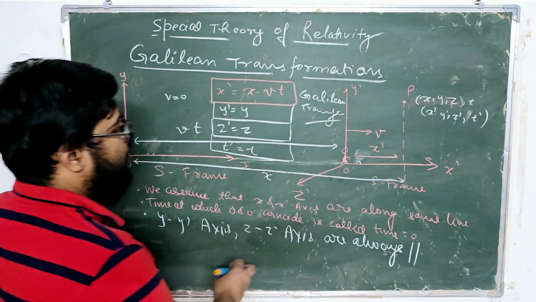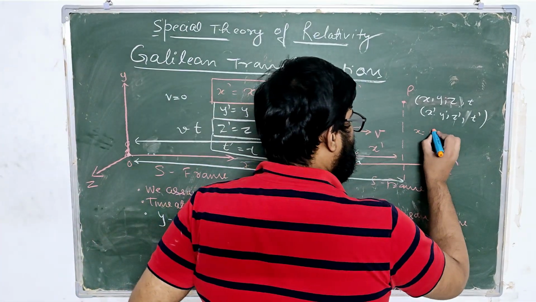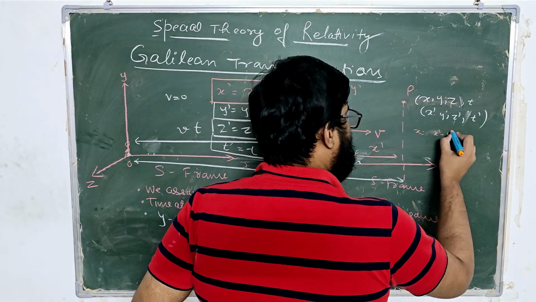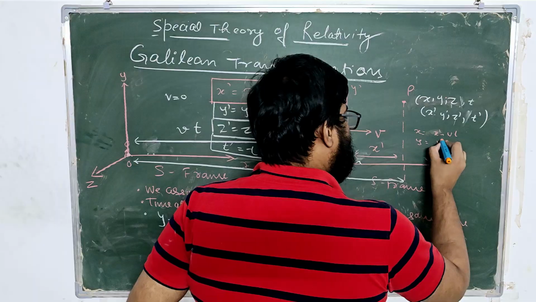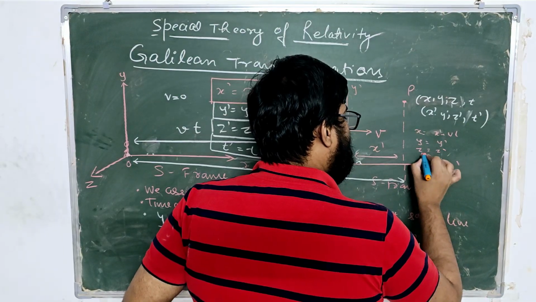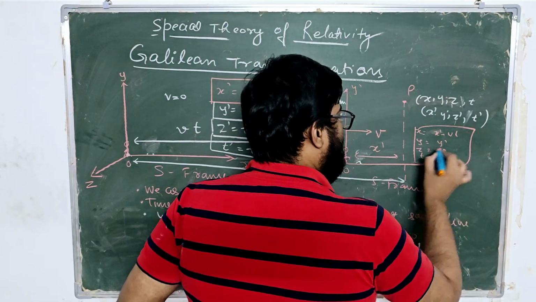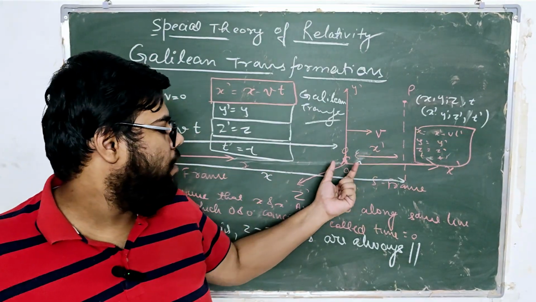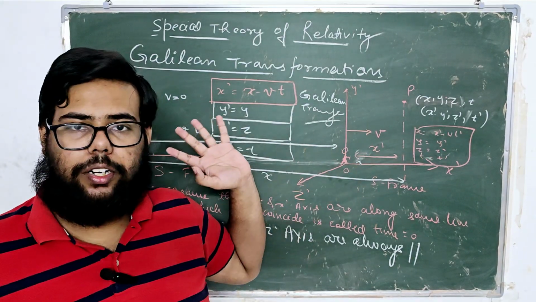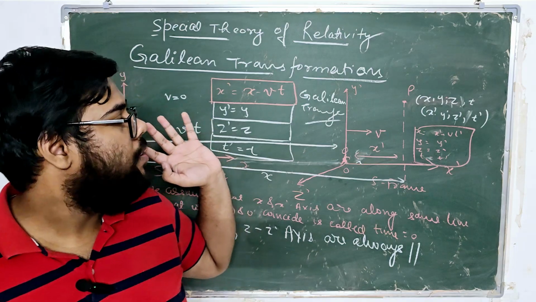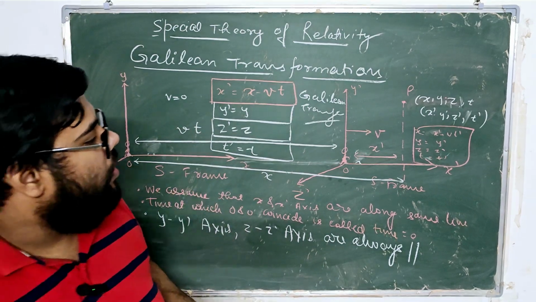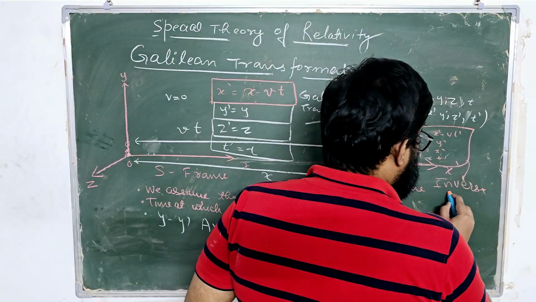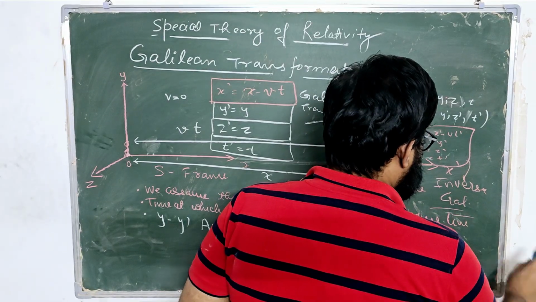You will just simply say x is equal to x dash plus vt, and y is equal to y dash, z is equal to z dash, and t is equal to t dash. And over here we will have vt dash because over here we have to take the time with respect to S frame. Okay, so it is called inverse Galilean transformation.